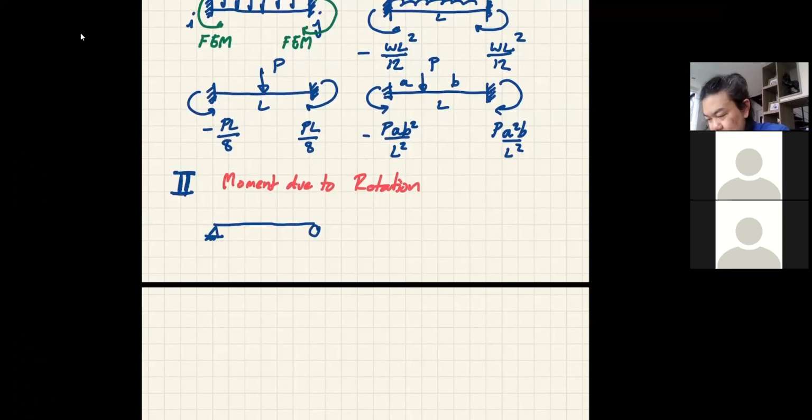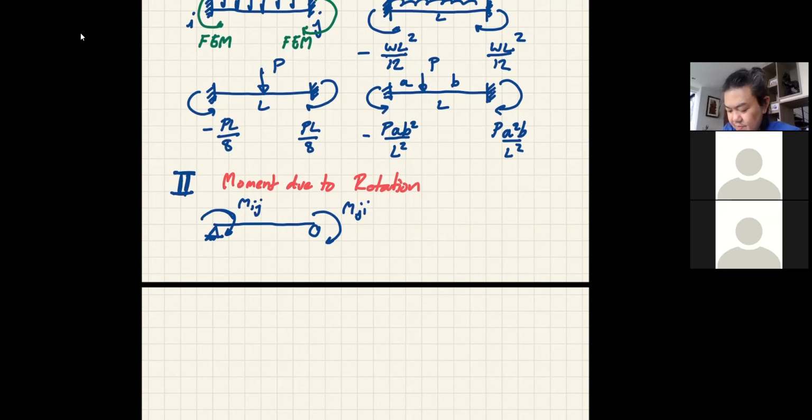Anyway, let's say we have now the condition like this. So when the moment due to rotation is going to occur, now we're going to have rotation like this. Say Mij, the moment at joint i of this member ij, and then you have Mji.